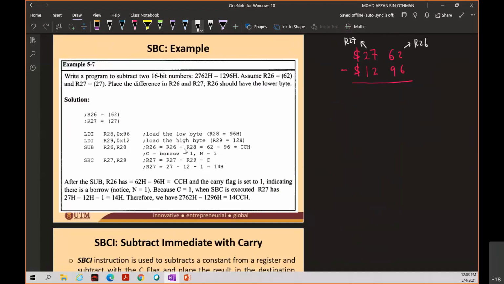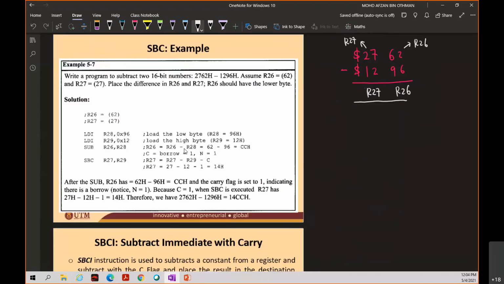Place the difference in R26 and R27, in which R27 will be the lower byte.